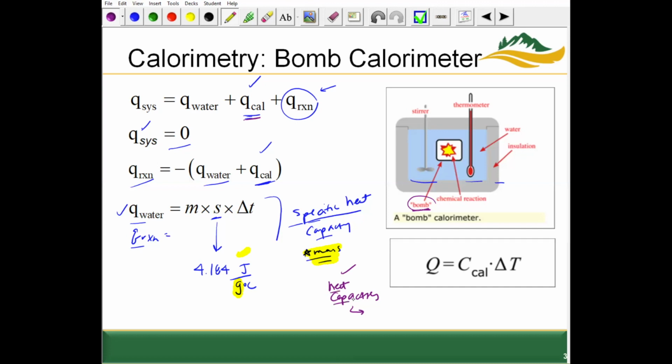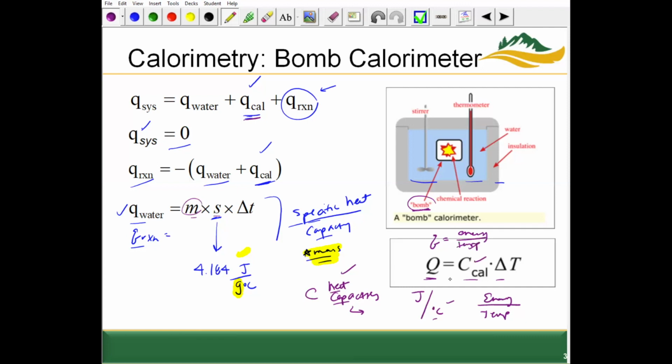For a heat capacity, the units are just an energy term over a temperature term. So with heat capacities, or capital C, we no longer have q equals mcΔT. Instead, we don't need a mass term. For heat capacities, the heat associated with something is just q equals CΔT. So C here is still going to be an energy term over a temperature term.